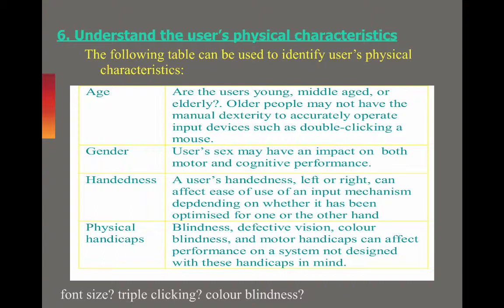Age is another. Someone who is more elderly might find it difficult to perform certain user interface actions. They might have less dexterity. Double clicking or triple clicking might be difficult, for instance. Font size is another consideration. If you're building the website for the elderly, perhaps we should use a larger font size.